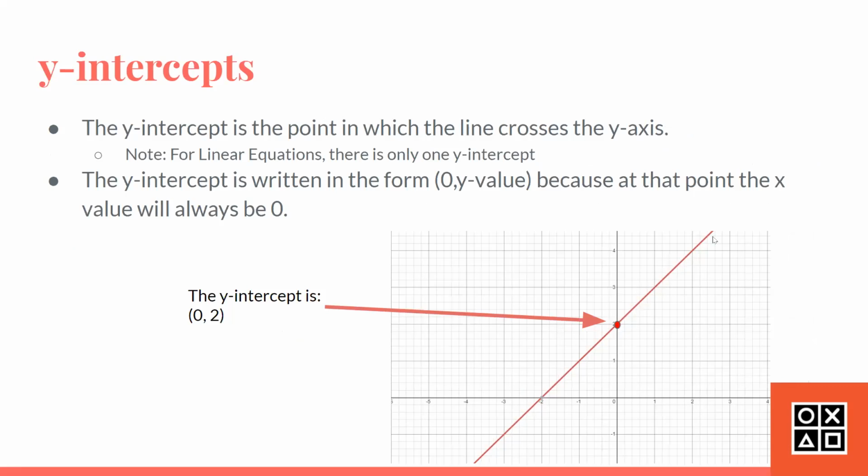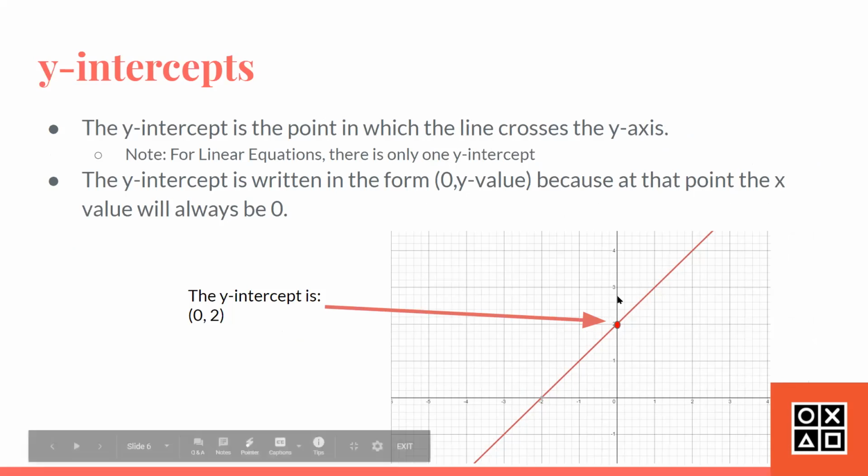And y-intercepts. The y-intercept is the point in which the line crosses the y-axis. Note, for linear equations, there is only one y-intercept. The y-intercept is written in the form (0, y value) because at that point, the x value will always be 0.